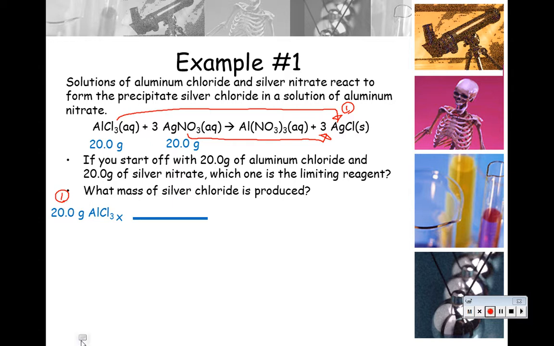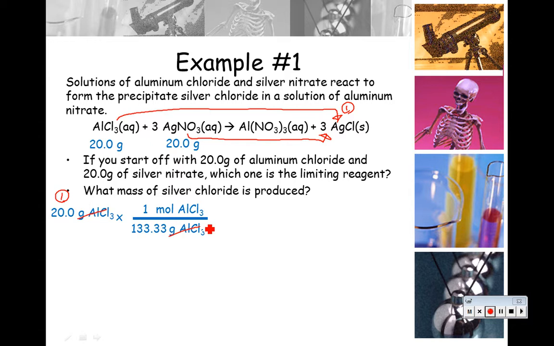The amount of grams at the bottom I have to get from the periodic table. If that's the case, the unit at the top has to be how many moles? 1 mole. So when I find the mass of aluminum chloride, it ends up being 133.33. The grams of aluminum chloride cancel, and now I am at moles of aluminum chloride.